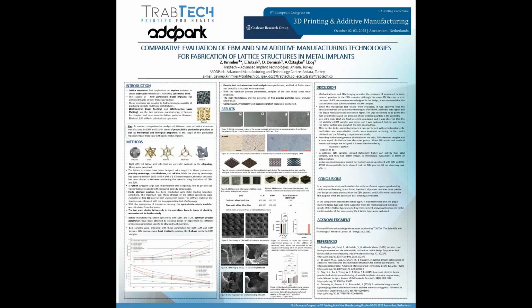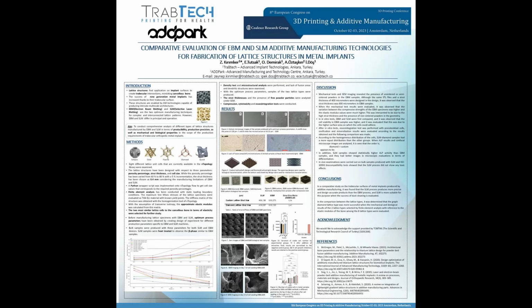The second R&D project of ours is the comparison of EBM and SLM processes for metal additive manufacturing, especially for implants and trabecular implant surfaces. In the study we compared 8 different lattices and the EBM and SLM processes of them.